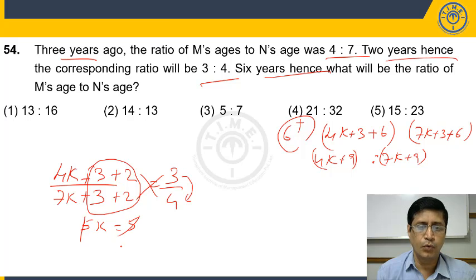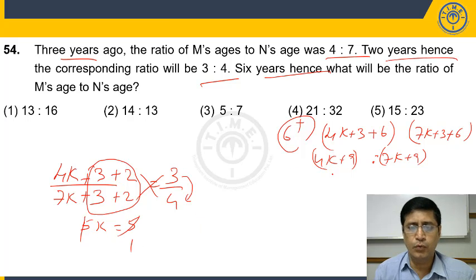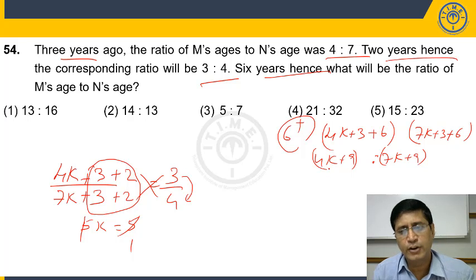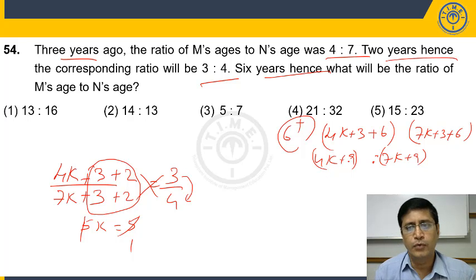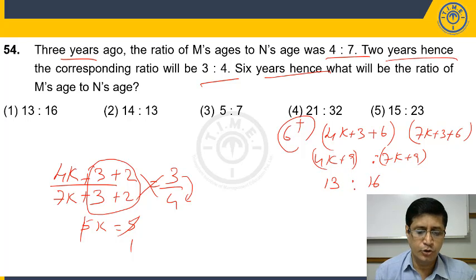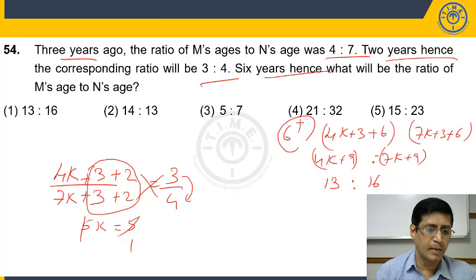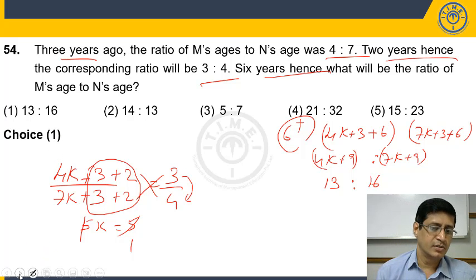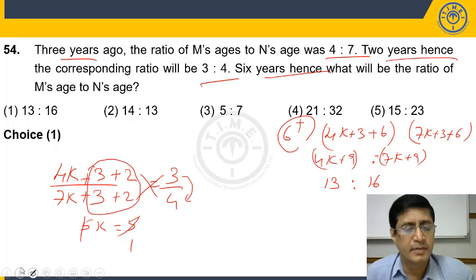K is equal to 1. When K is equal to 1, what is the ratio? 4K is 4, 4 plus 9 is 13. 7K means 7 plus 9, it is 16. So 13 is to 16, right choice, option number 1. First choice is the right choice. So, next one.